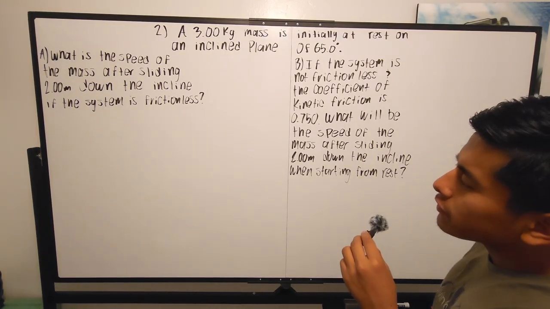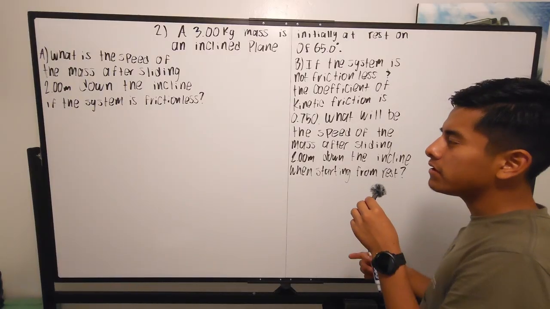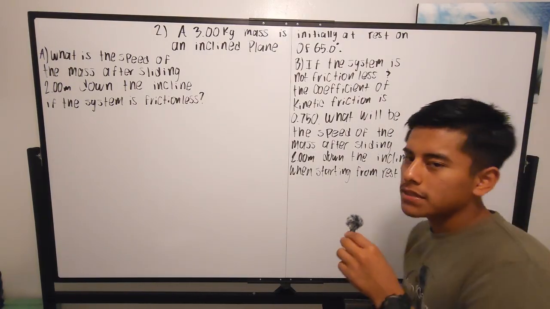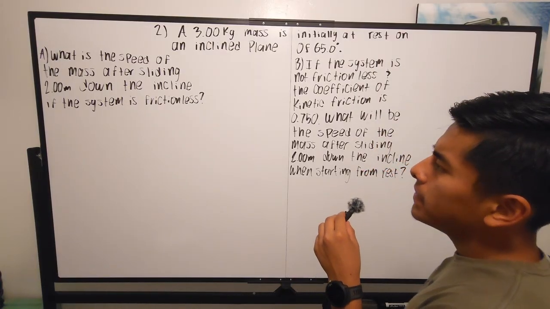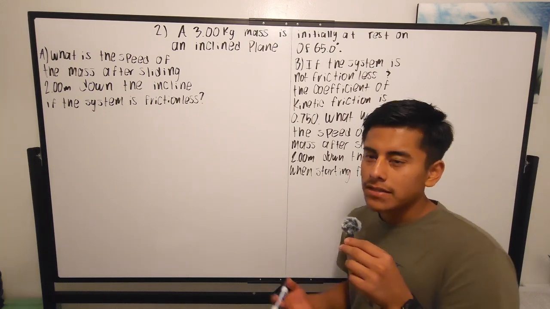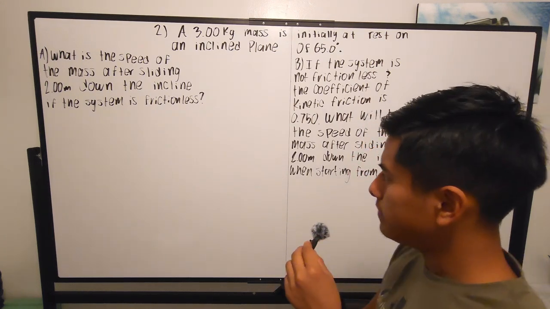So if the system is frictionless, then there's only one force that's going to be causing the net force, which is going to be the gravitational force. So by using that, we can get our acceleration, and then we could just do some kinematics on this problem.